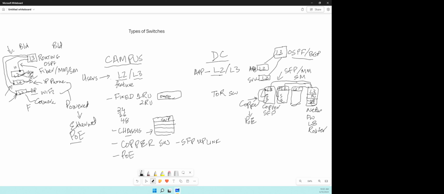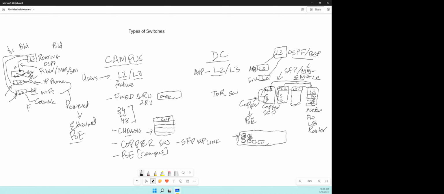Now, in the data center side, when you have a switch, or even on the campus side, you have these ports, whether it's fixed or chassis based. Now, each port would have an ASIC. So let's see if I can draw an ASIC. That is going to be dedicated to a port.